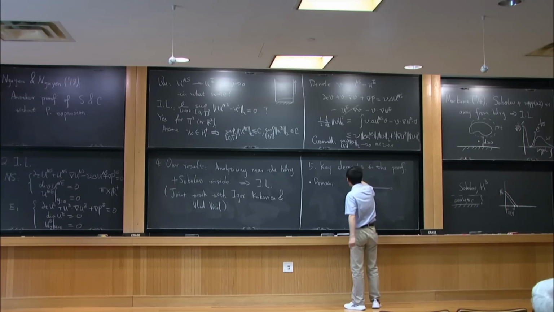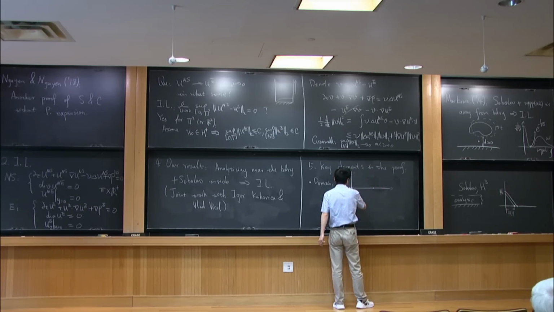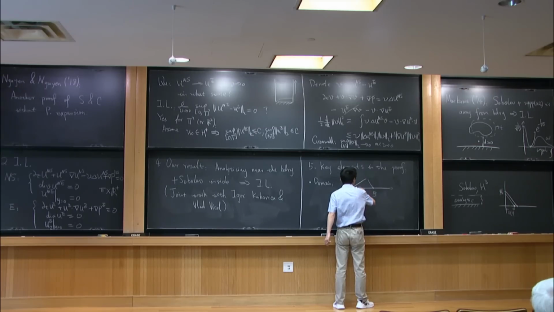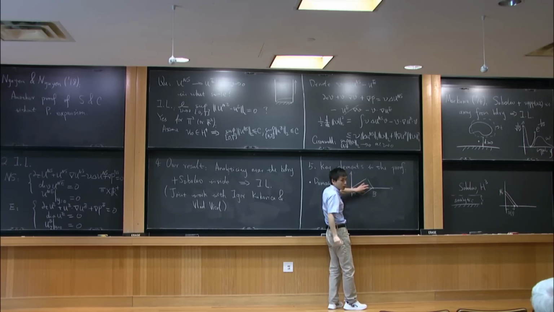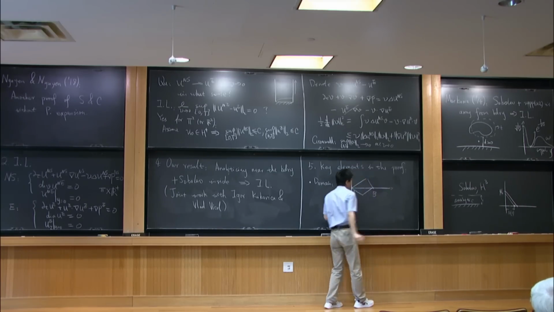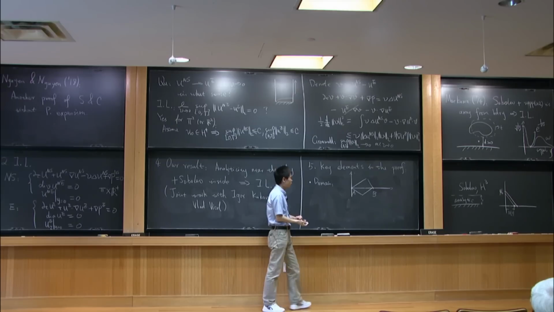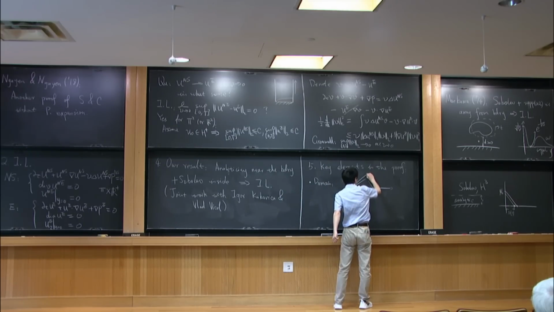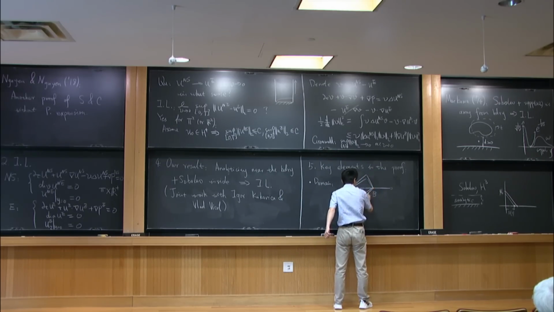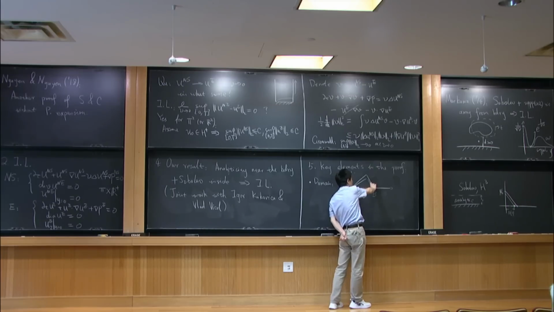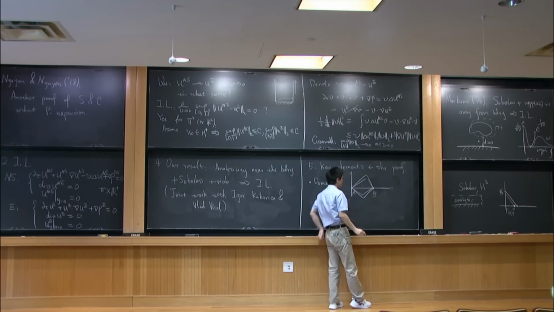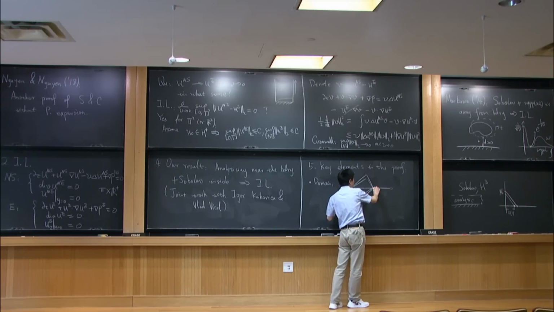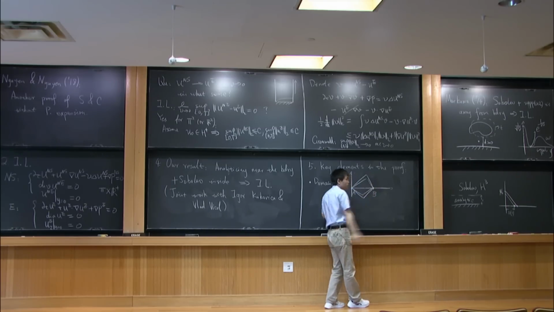If you just consider this kind of domain, fix 2 points and then extend it like this, you want the function to be analytic in this region and Sobolev in this part. It's not good, because the bad thing happens exactly at this point: you don't have enough time for the analyticity recovery. I'll talk about this later. You don't have enough space here, so it will blow up immediately.